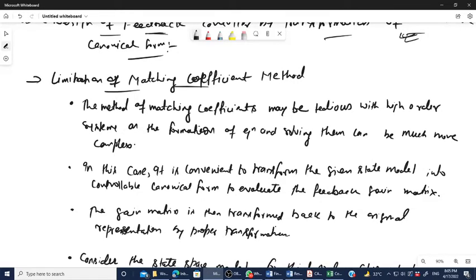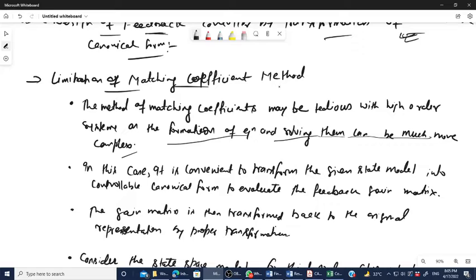If your number of poles becomes higher, or the system dynamics is of higher order, then it is very tedious to form the characteristic equation, and solving it is again much more complex. So this is the limitation of the matching coefficient method.